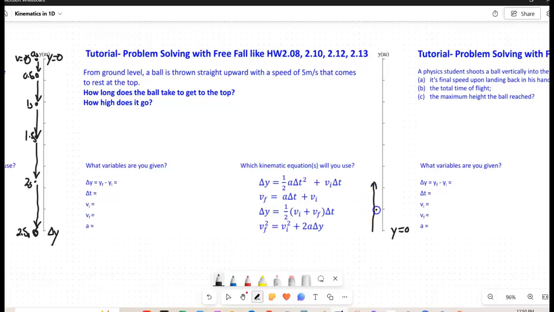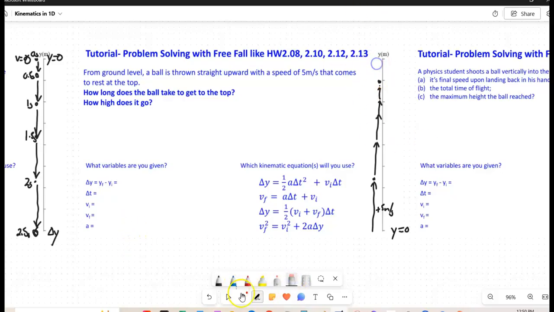So positive 5 meters per second. Okay? Now it's going to come to rest at the top. So we know it's going to get smaller and smaller until it finally comes to a stop.